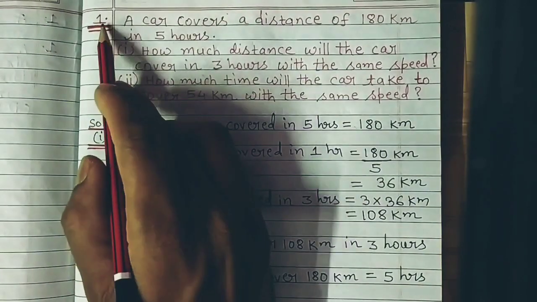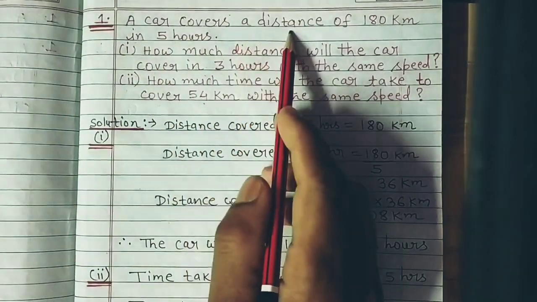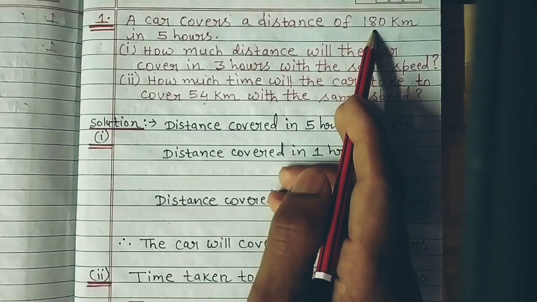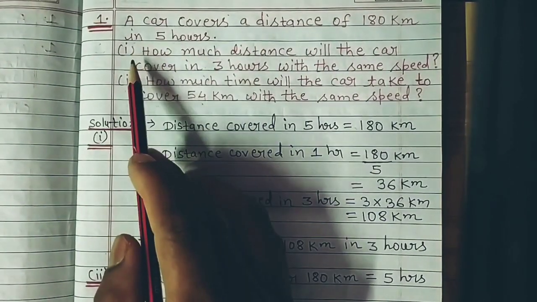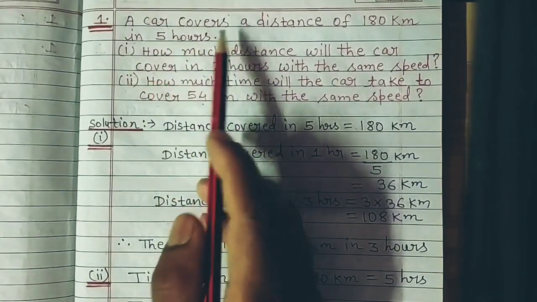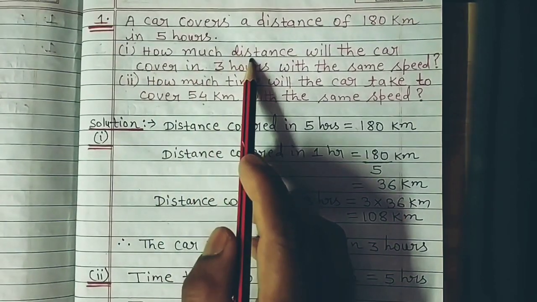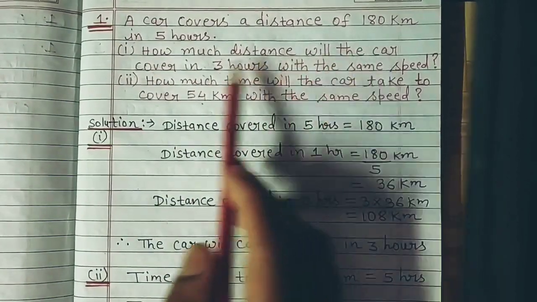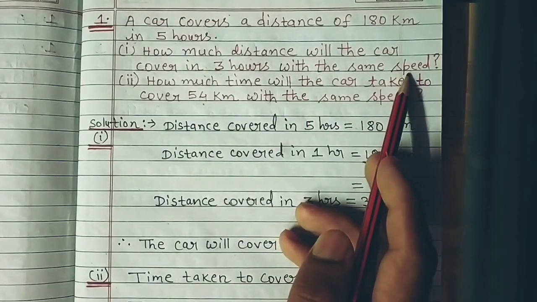So the first question is, a car covers a distance of 180 km in 5 hours. Two questions are related to this statement. The first one is, how much distance will the car cover in 3 hours with the same speed?